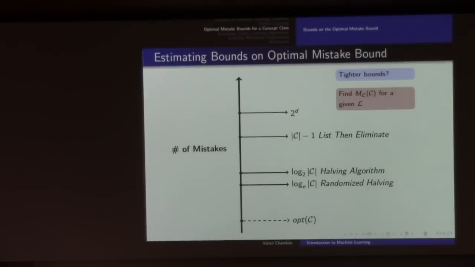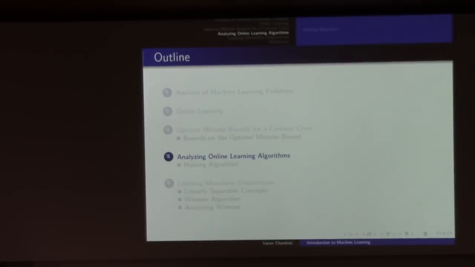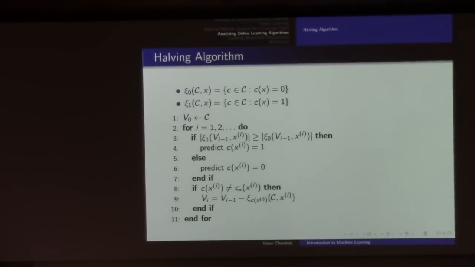These are true for conjunctive concept classes, but actually these are not only for conjunctive, these are for anything. So the halving algorithm is one algorithm that lets you get another bound. Let's look at that algorithm and then we'll analyze it. Okay, so this is the halving algorithm.